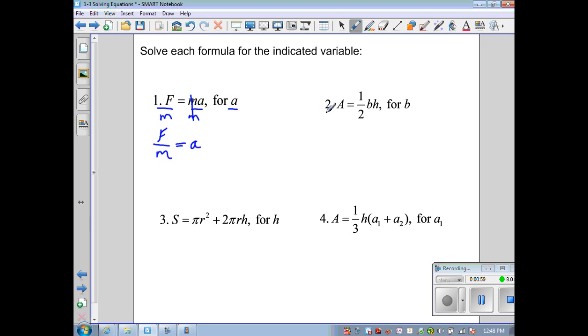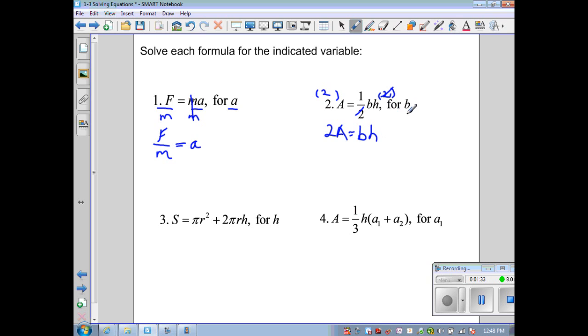On number 2, we're going to copy the problem, and they want me to solve for b. So in this situation, what I want to do is to really eliminate my denominator of 2. So what I will do is multiply both sides by 2. When I do that on the left, that'll give me a 2A, here a capital A, and 1/2 times the 2 will simplify to be just a positive 1, leaving me b times h.